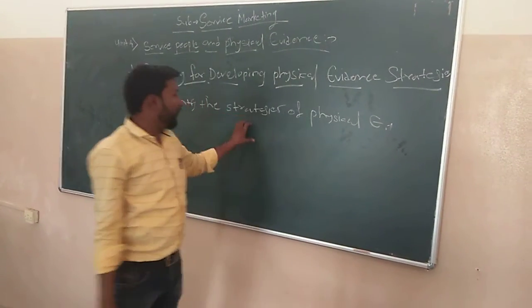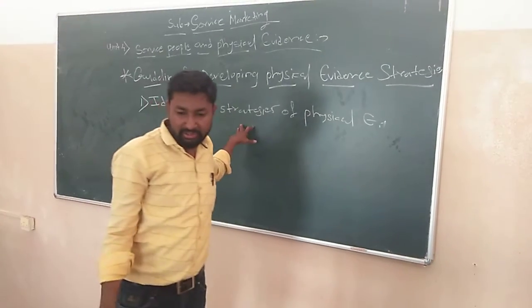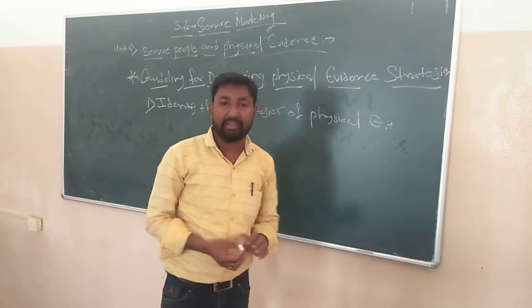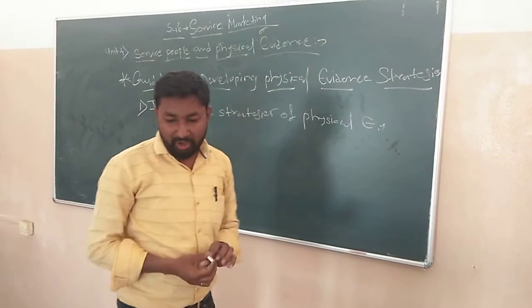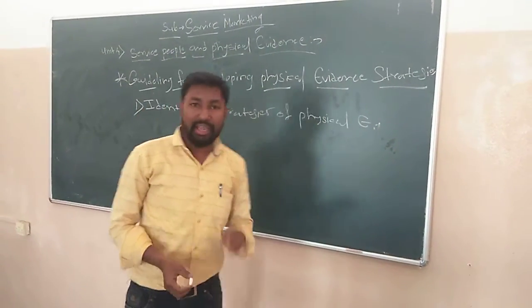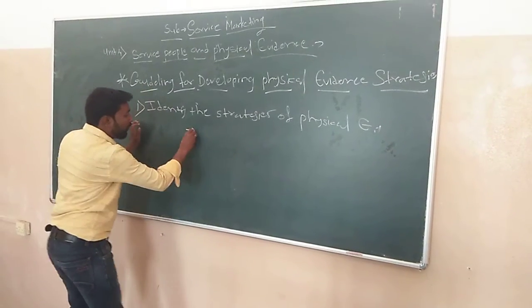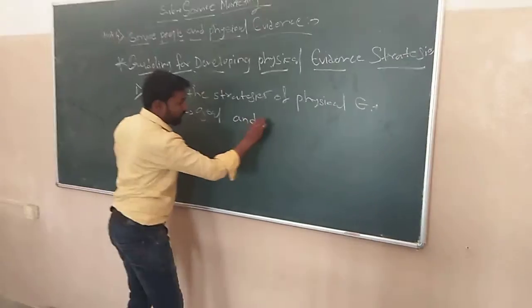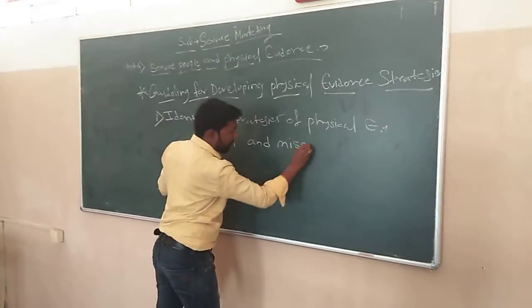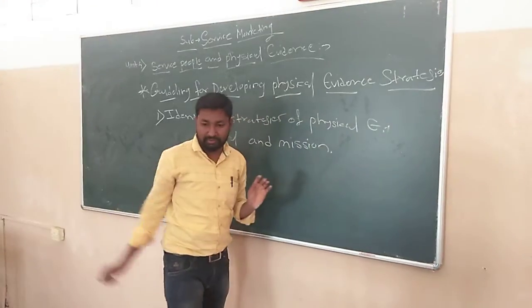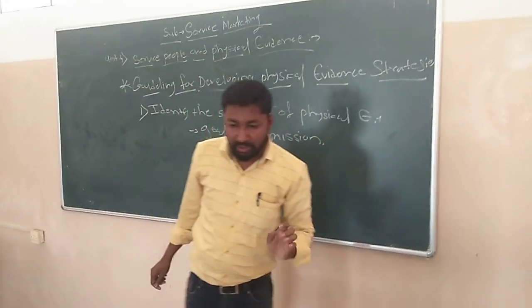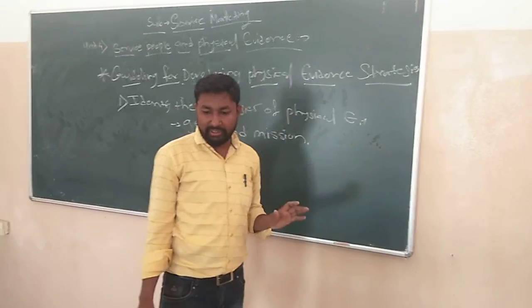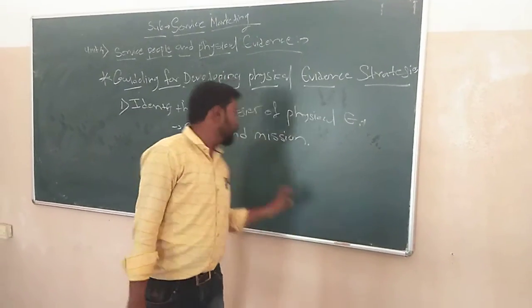What is identifying the strategy? For the physical evidence, the evidence strategy must have clarity. The organization's overall goal and mission should be clear and understood, to determine the kind of support.